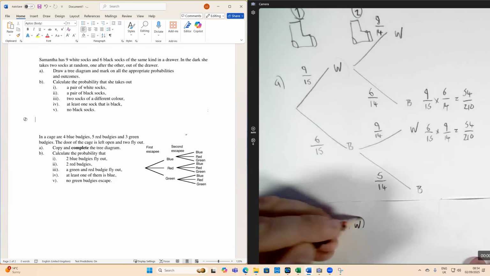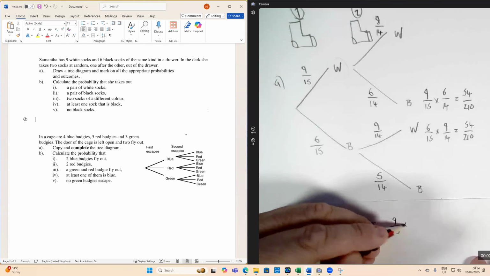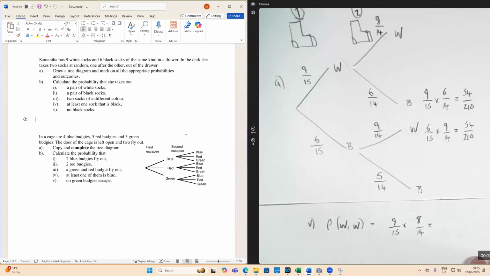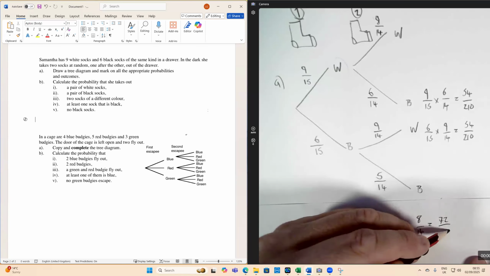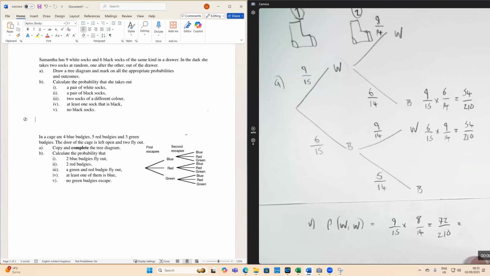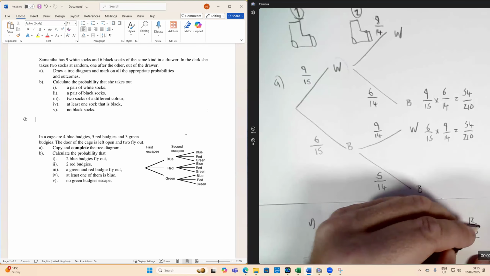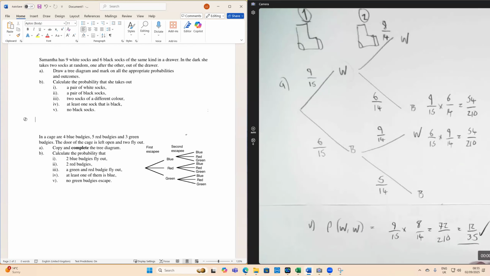The probability of white, white is going to be 9 over 15 times 8 over 14. So let's work that out. That is going to be our 72 over 210. Let's simplify that. 72 divided by 210 is 12 over 35. So 12 over 35 is our correct answer for no black socks.